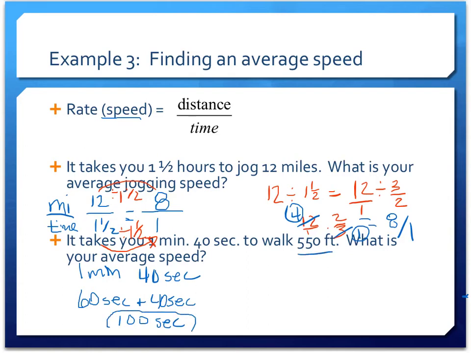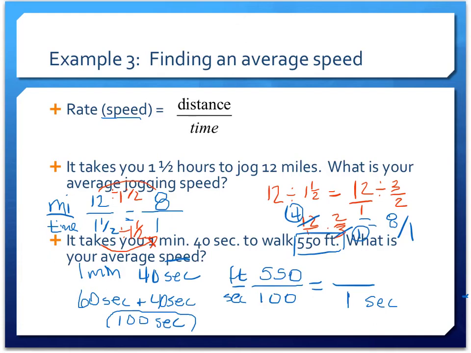And I know that I can do 550 feet in that amount of time. So I'm going to start writing that as a ratio, 550 feet per 100 seconds. I'll put that over feet and seconds. And because I want it to be a unit rate for an average speed, instead of 100 seconds, I need that denominator to be 1. How many feet can I go in 1 second?